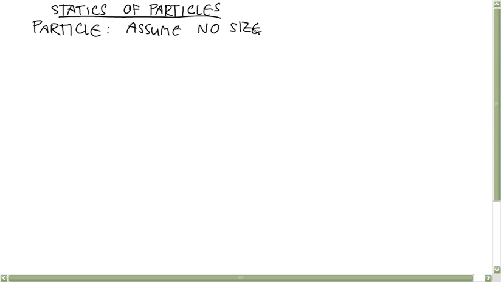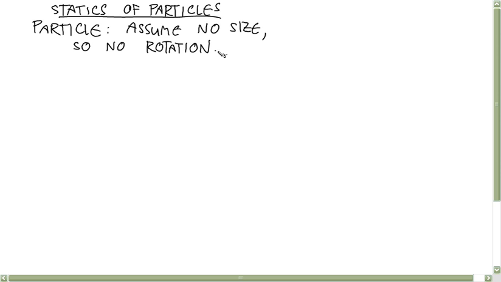It can have a mass, but no length dimension, and therefore there's no angular acceleration that can happen, because if all forces are acting at a single point, you never produce any moments, and so you're not worrying about any rotations.